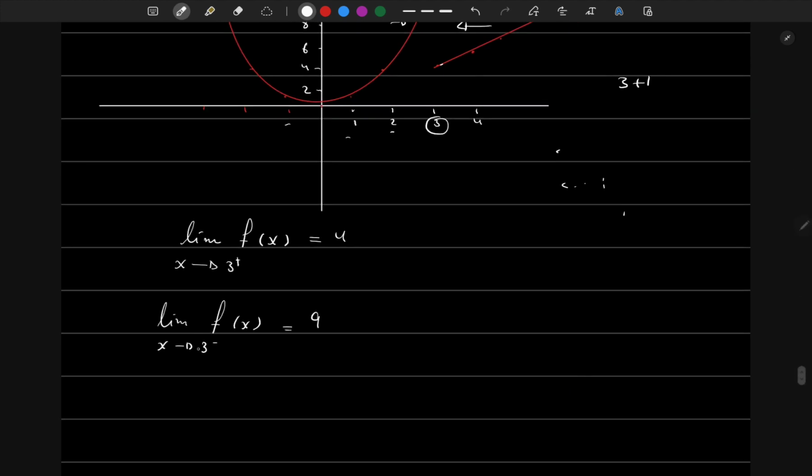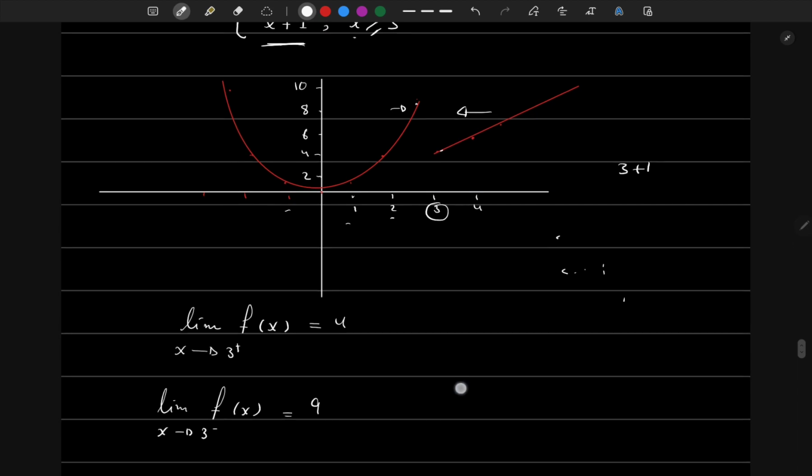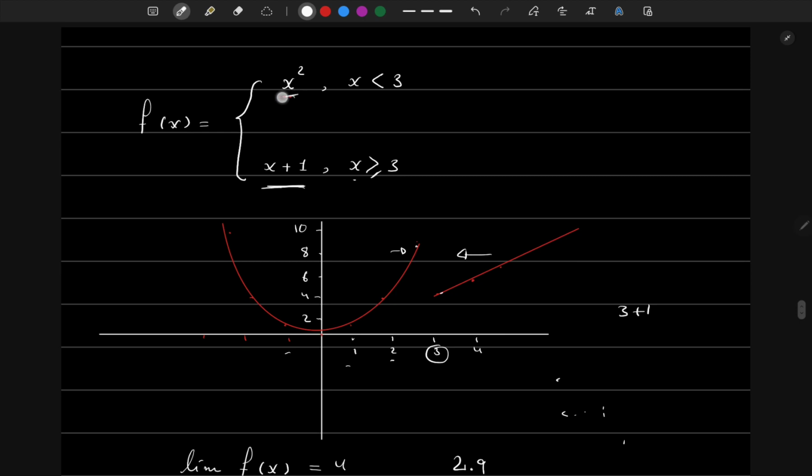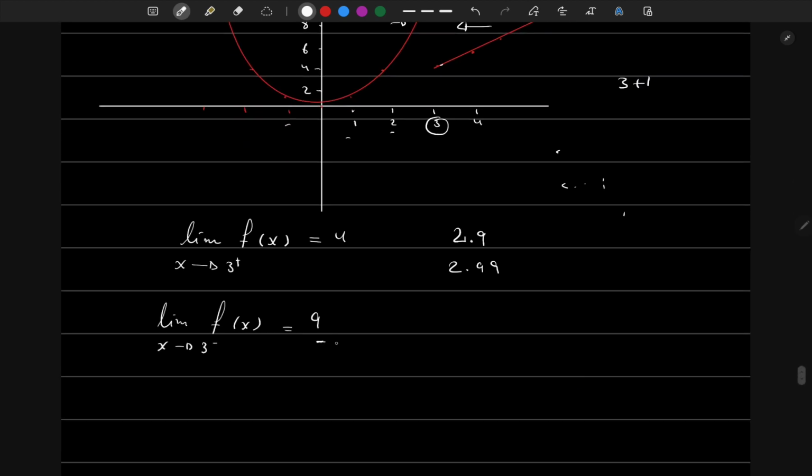But when x is approaching 3 from the left hand side, it's 2.9, 2.99, and so on. All of those are actually smaller than 3. So we have to use x squared. And when we use x squared, we're going to get a value that approaches 9.